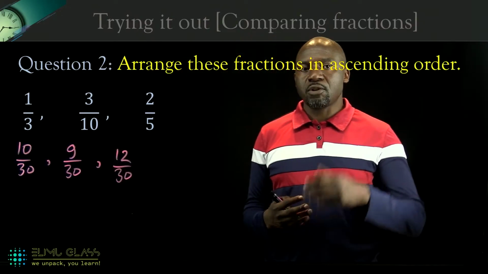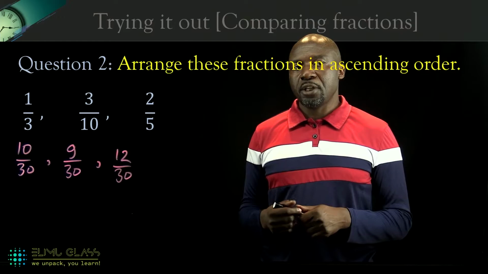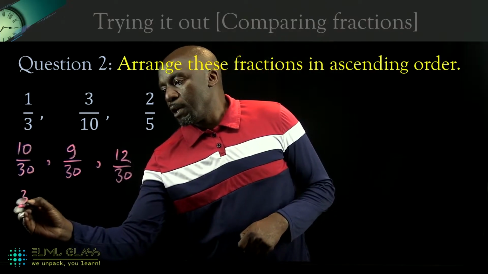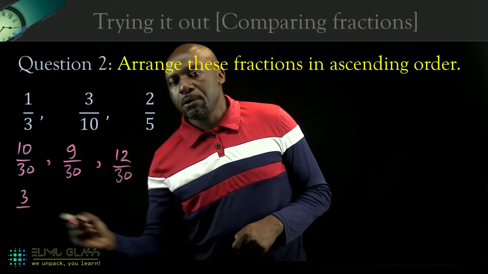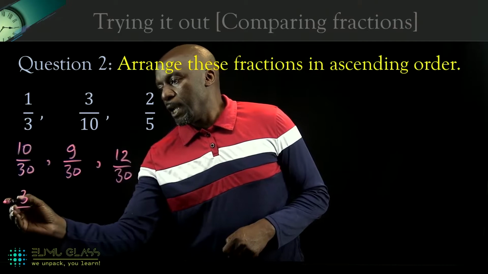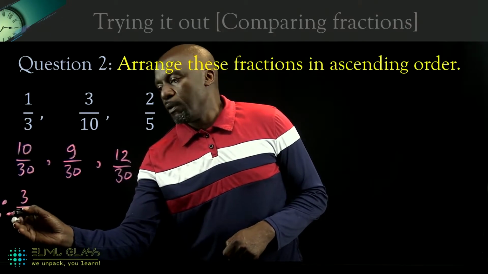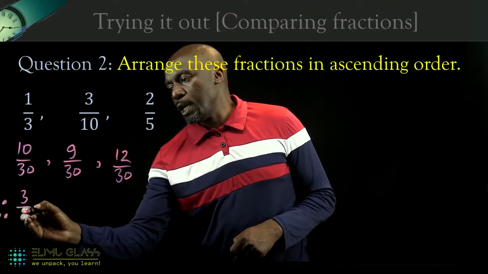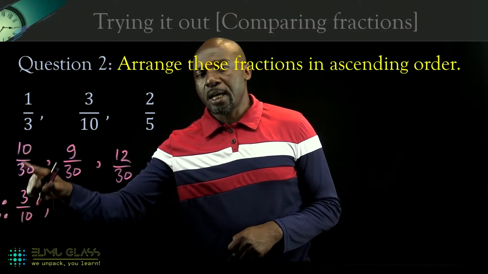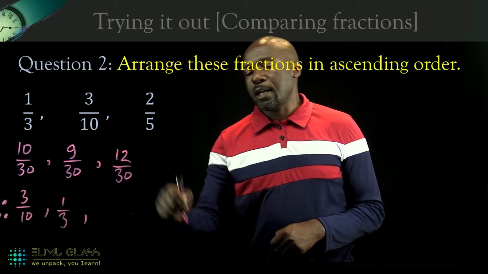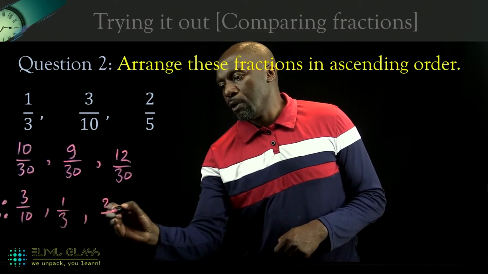So if we were asked to rearrange in ascending order, we would start by saying 3 out of 10, followed by a third, 1 over 3, and lastly, we have 2 on 5.